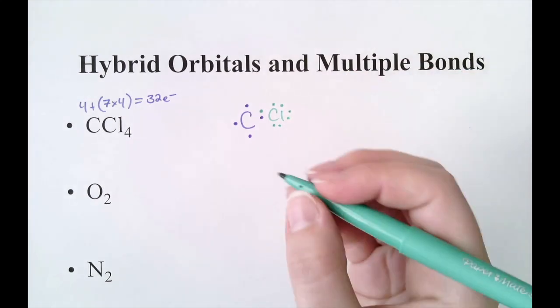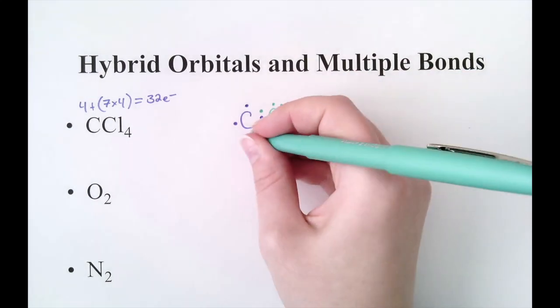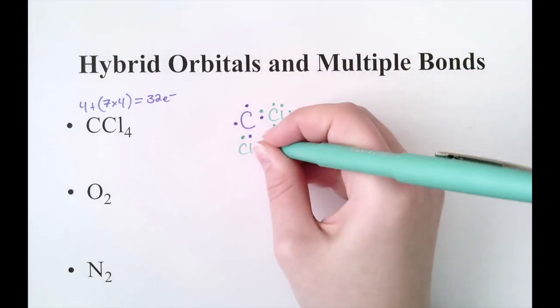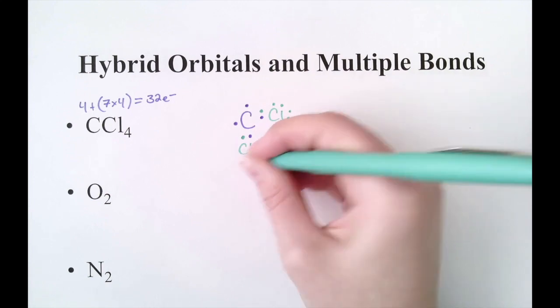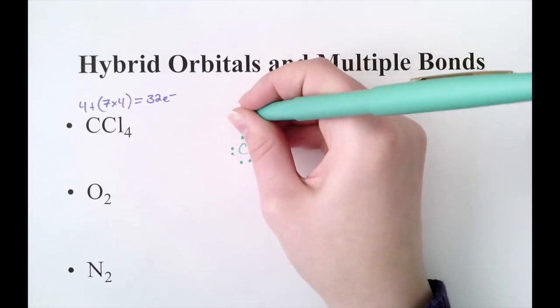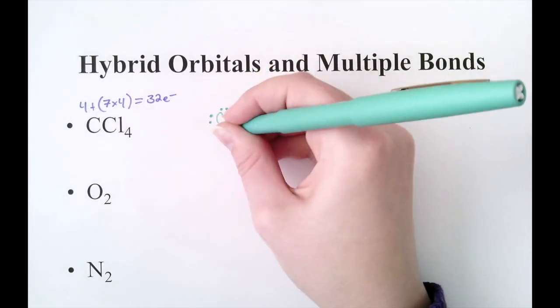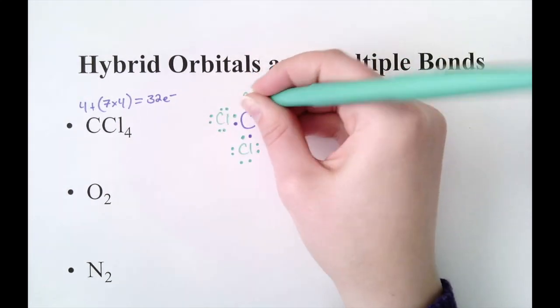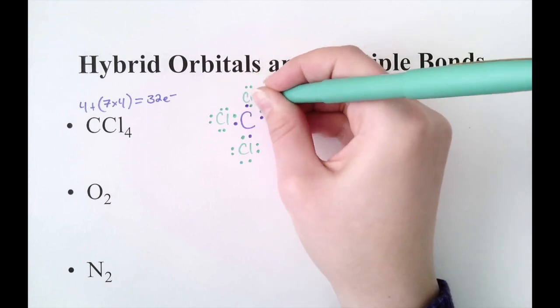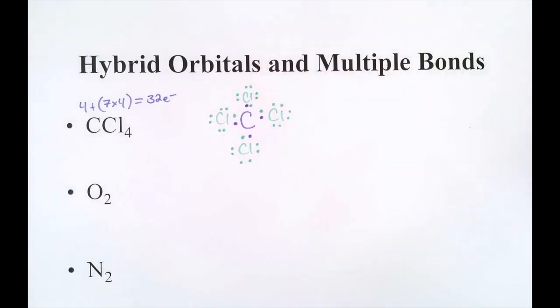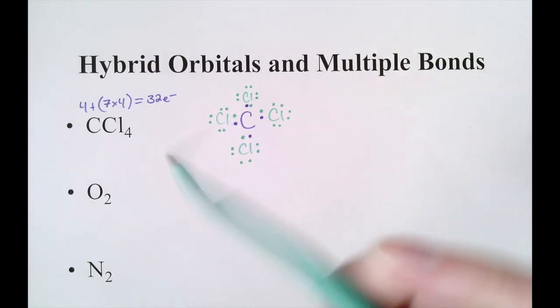And we're just going to do this 3 more times. And this should be our finished Lewis dot structure for carbon tetrachloride.